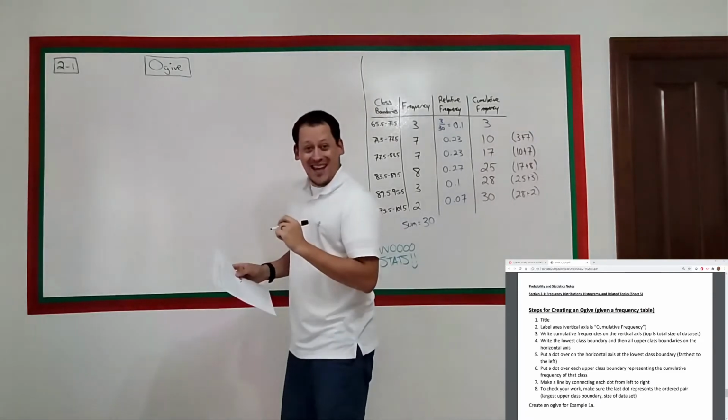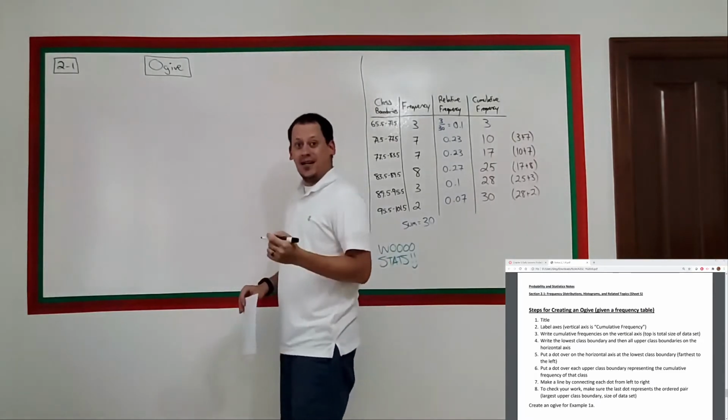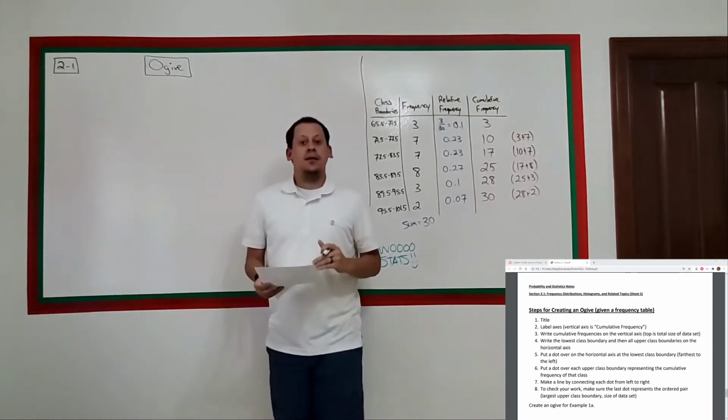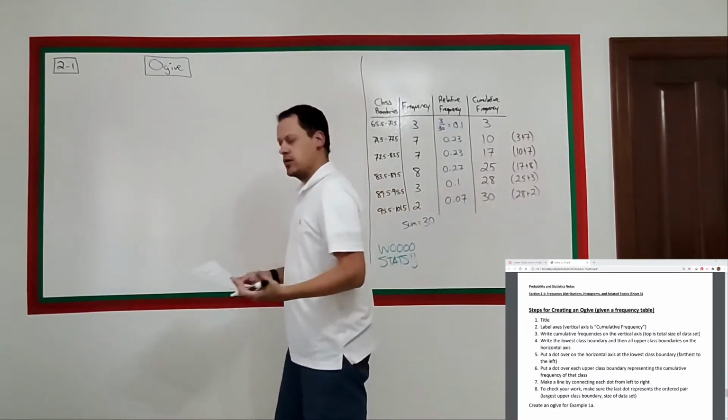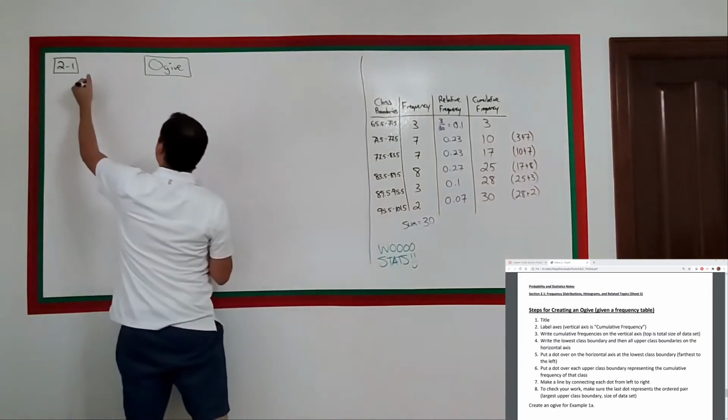Step 1 is always the same though. First thing any graph needs is a title. And we're going to be using the same data as we did for the other graphs in the previous videos, the basketball scores. So our title will be the same.